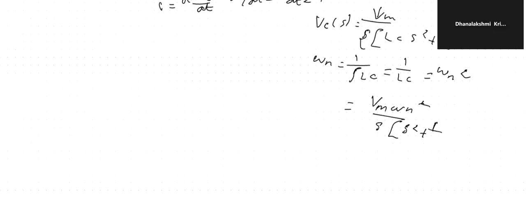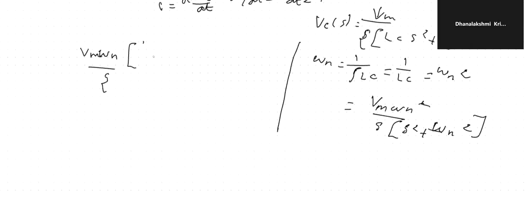We take omega n as common. Then Vm omega n by s into omega n by s squared plus omega n squared, and omega n by s squared plus omega n squared is the Laplace transform of sin omega n t.